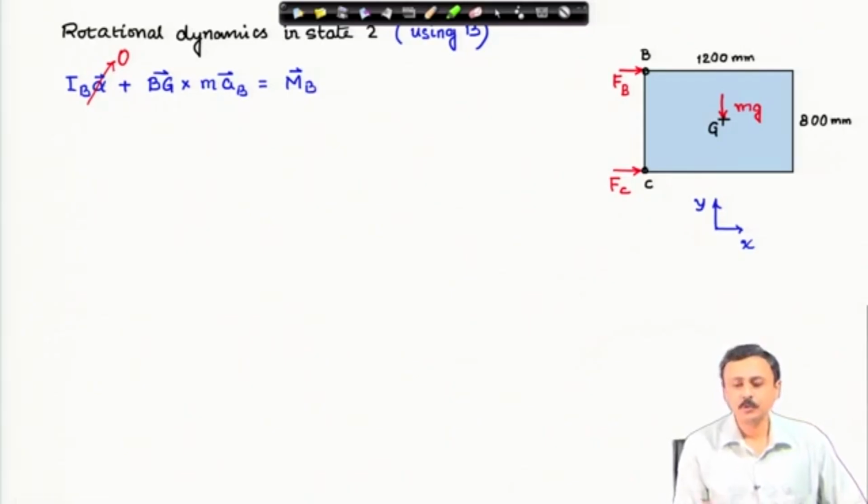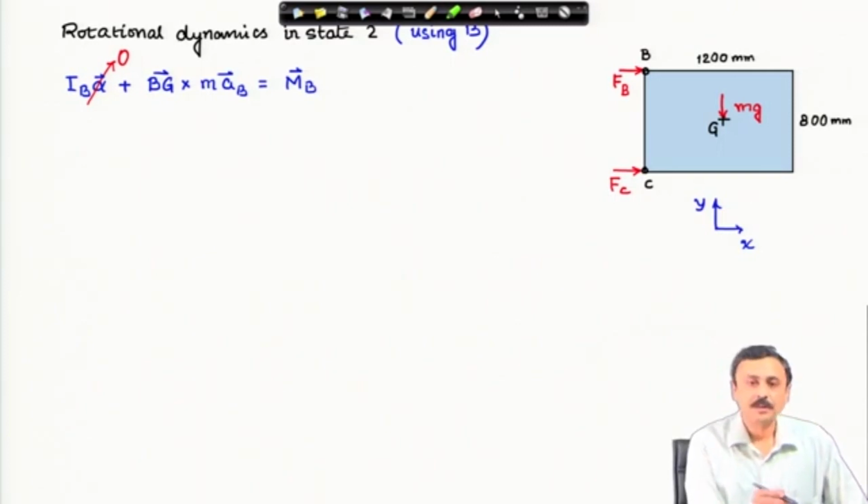Next, we move to determine the force in that member that connects at C, the member DC. For that, I am going to write the rotational dynamics of this plate in the second configuration, or state 2, and I will use the point B. Why do I use the point B?